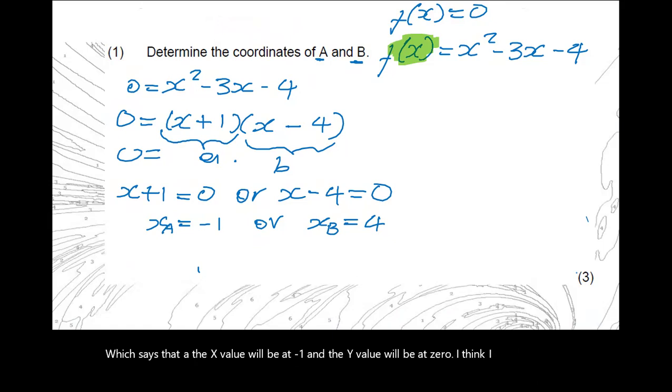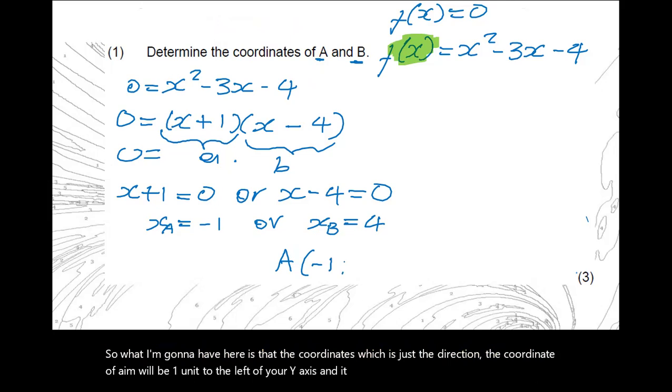So the coordinate, which is just a direction, of A will be 1 unit to the left of your y-axis, and it will be in the middle horizontally, which will be 0.